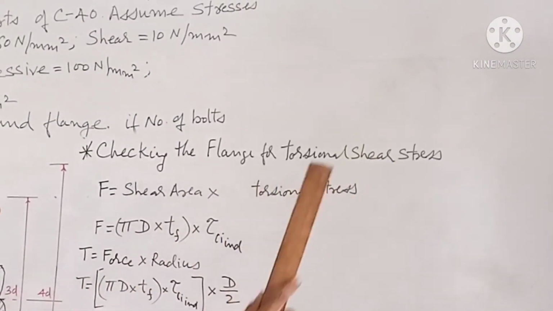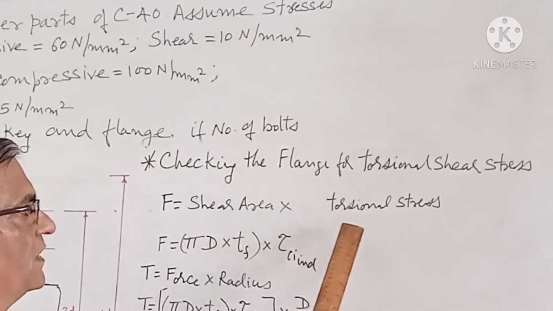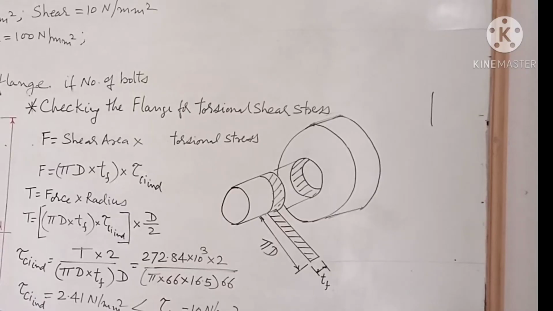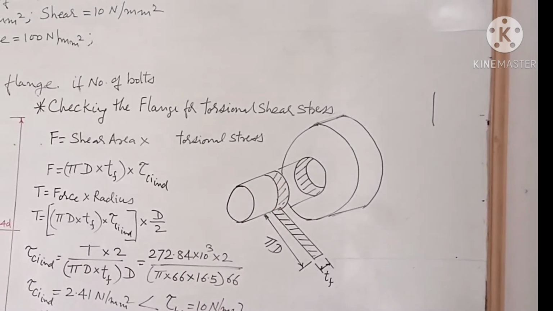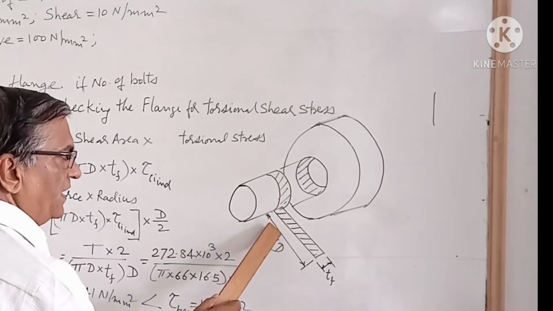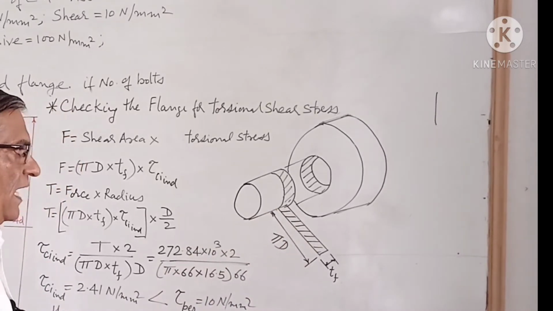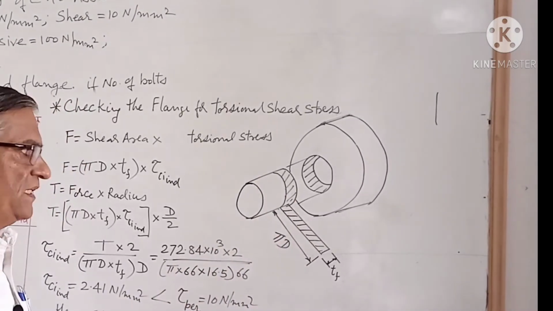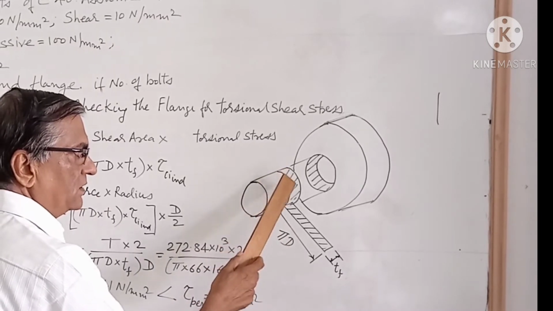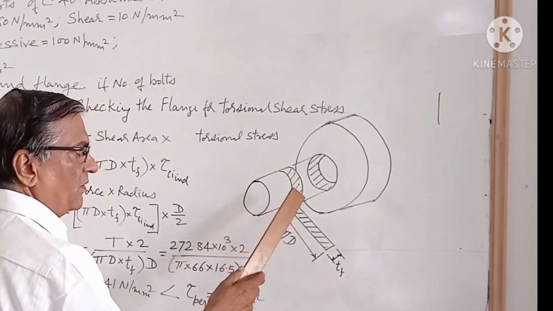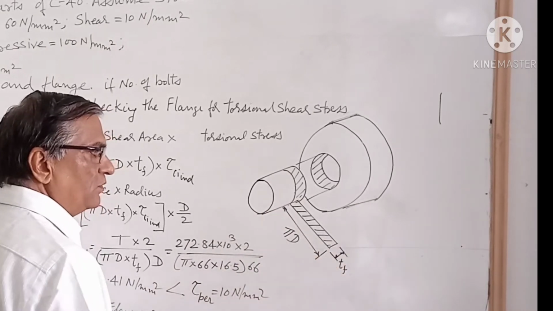Checking the flange for torsional shear stress. Force is equal to shear area into torsional stress. Now this figure shows the shear failure of the flange, and the shear resisting area is given by this shaded strip. The area of this shaded strip is equal to pi d, that is the circumference of the hub, into thickness of the flange, that is Tf.